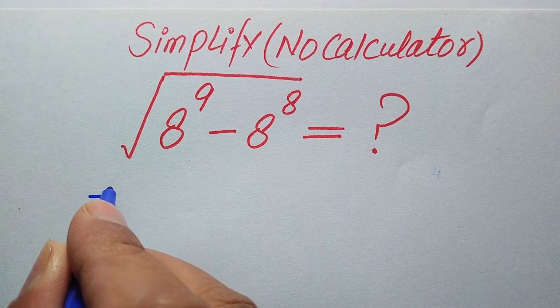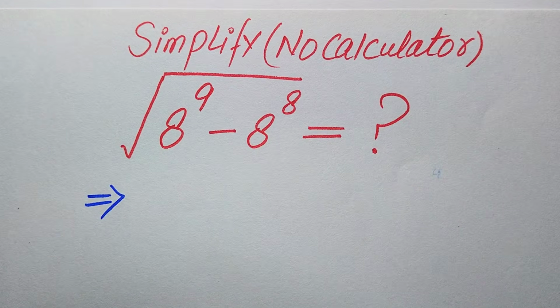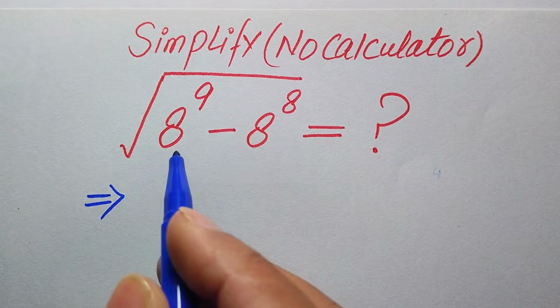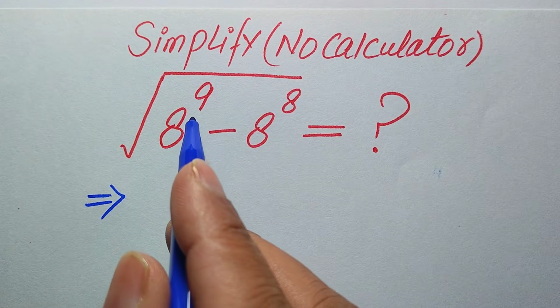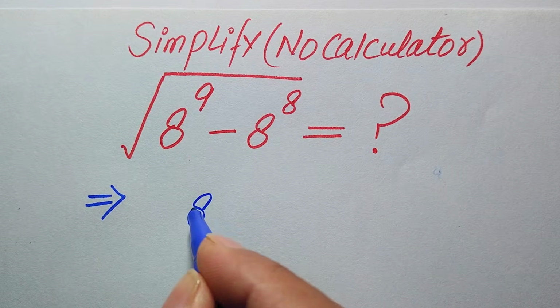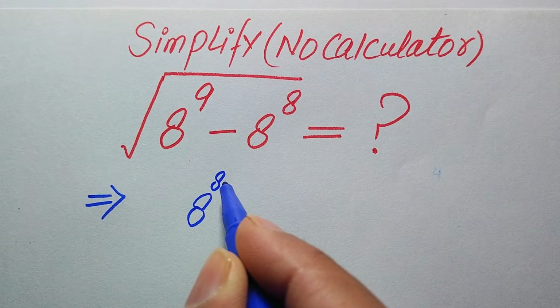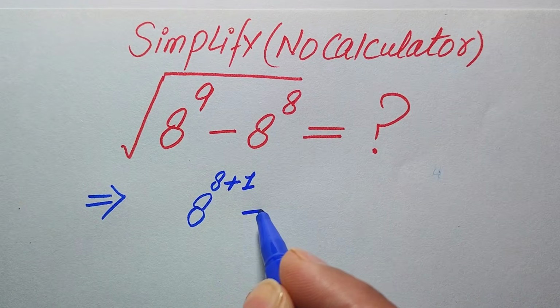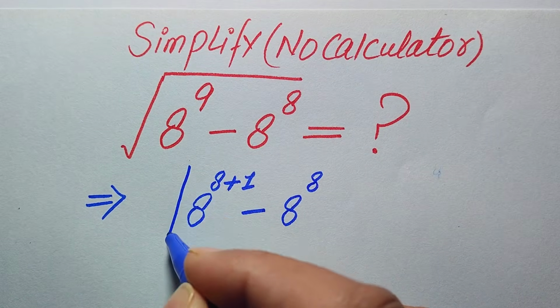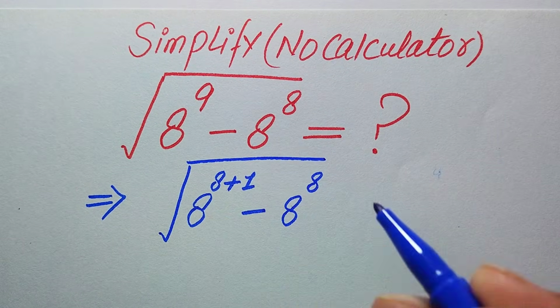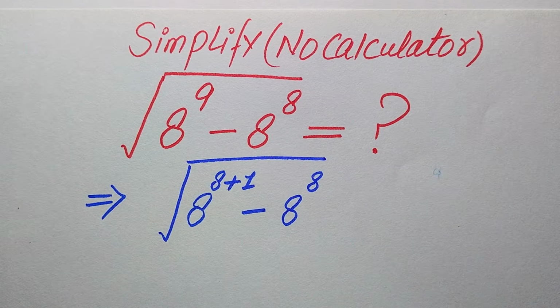And now we move toward the solution of this problem, and the very first thing we are going to do is focus on the exponent of this term. The exponent of 8 is 9, and we write this 9 as 8 plus 1, minus 8 to the power of 8, and its whole square root. Okay, further we use the nice exponential law.